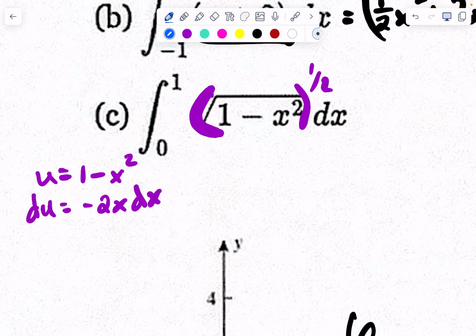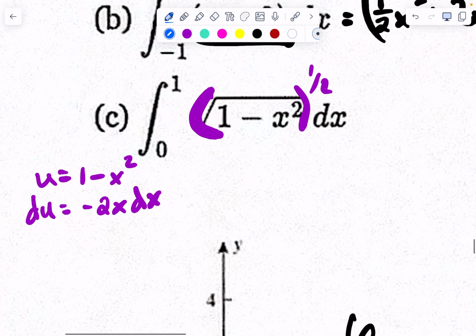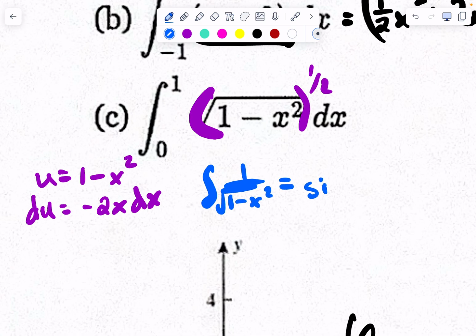I like that better. So the deal here is, the thing that we're looking at is the antiderivative of 1 over the square root of 1 minus x squared, which is inverse sine. But we have just the square root of 1 minus x squared, not 1 over it.